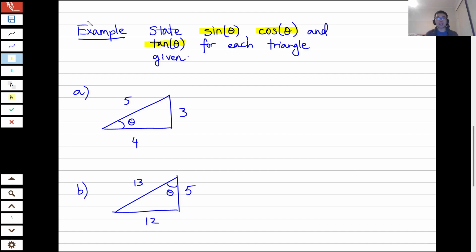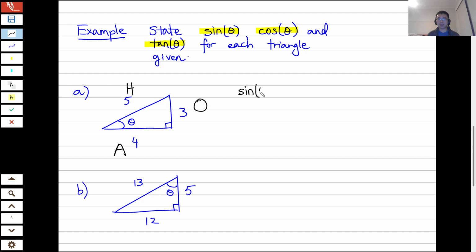If you're starting out, I suggest you label the opposite, adjacent, and hypotenuse. So if I just quickly note that these are right angles, the opposite side is facing outwards from theta. So O is going to be 3. The hypotenuse is facing outwards from the right angle, so H is going to be 5, and A is going to be 4.